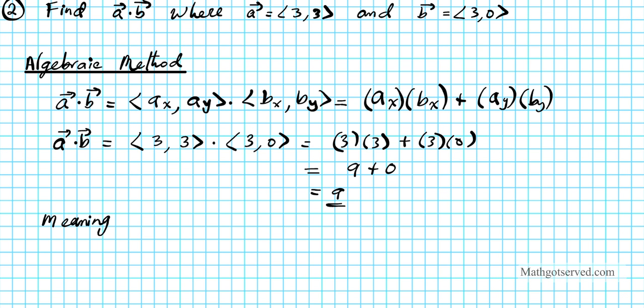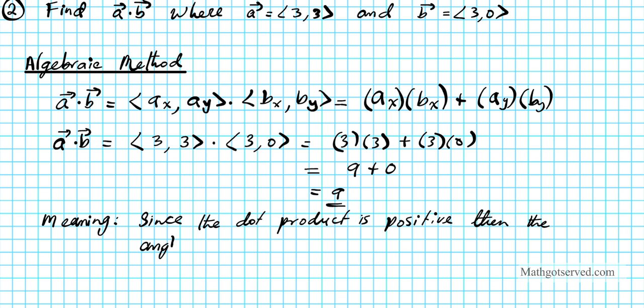Meaning, since the dot product is positive, then the angle between the two vectors is going to be in the first quadrant, which means it is less than 90 degrees.